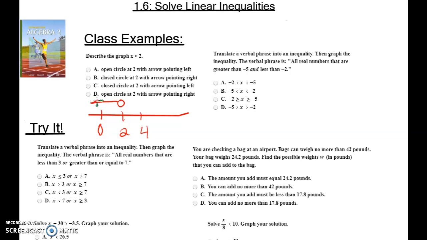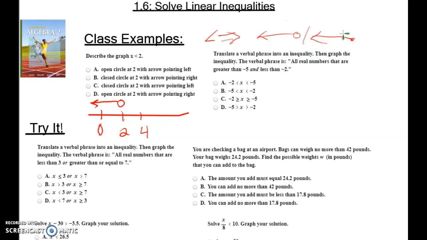the given place, then it's pointing toward the direction this sign points to. If it says less than, then it would be pointing this way, the open or closed circle.